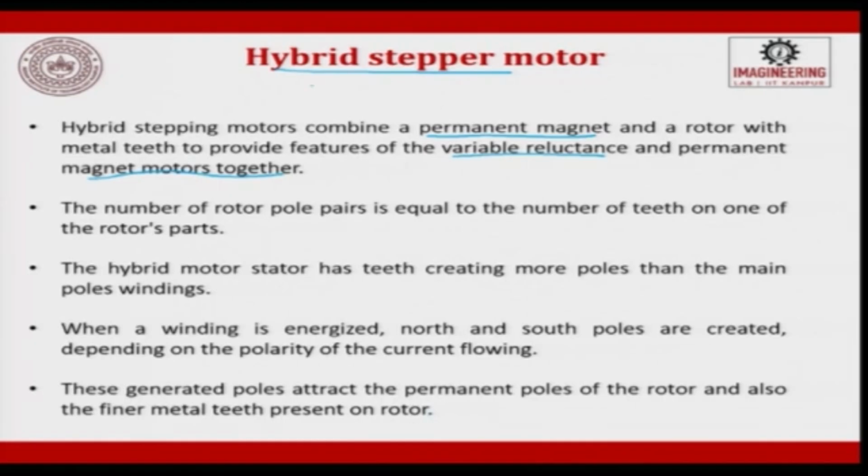So, today hybrid is permanent plus variable reluctance. The number of rotor pole pairs is equal to the number of teeth on one of the rotor parts. The hybrid motor stator has teeth creating more poles than the main pole winding.